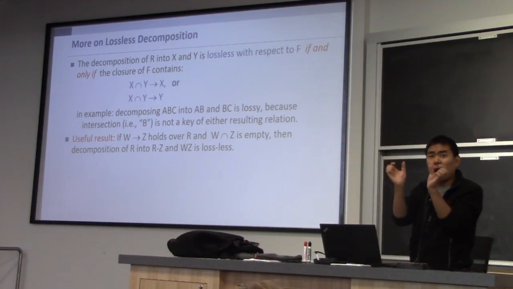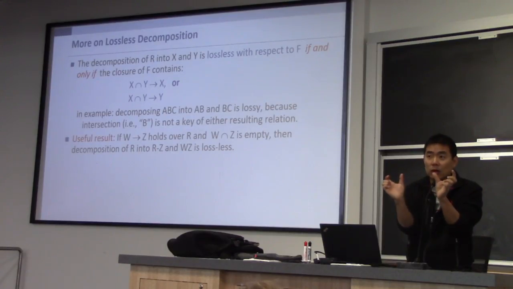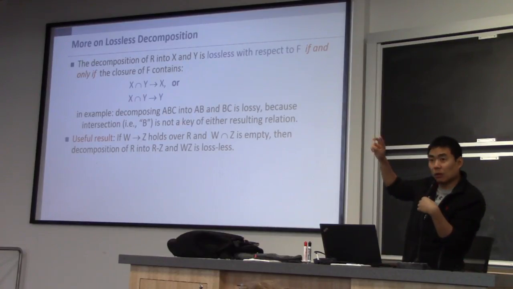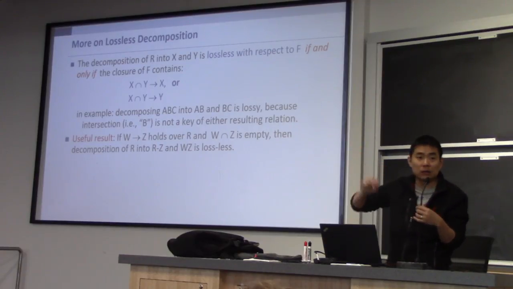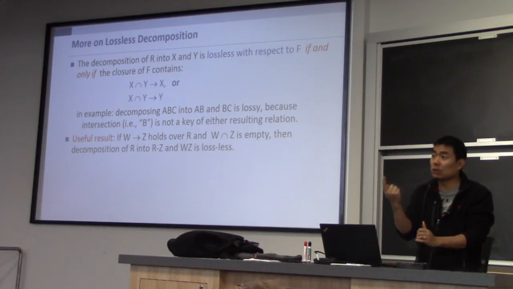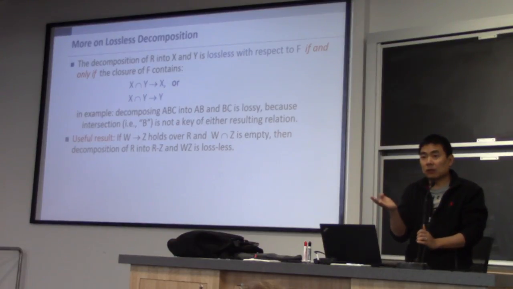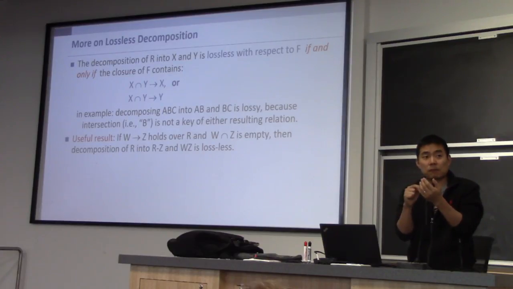If the common attributes from the two resulting schemas as a result of your decomposition determine either one of the two schemas, either X or Y, you don't have to determine both, you only need to determine one of them, then we claim the decomposition is lossless. This is the sufficient condition.